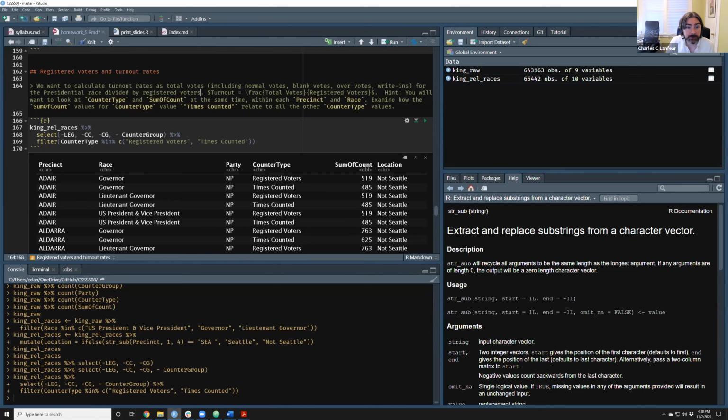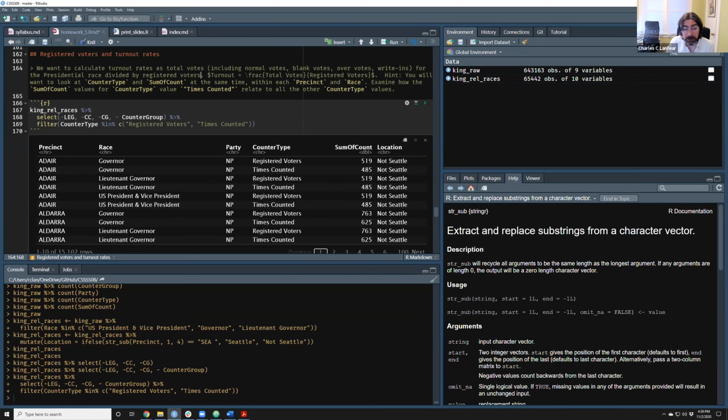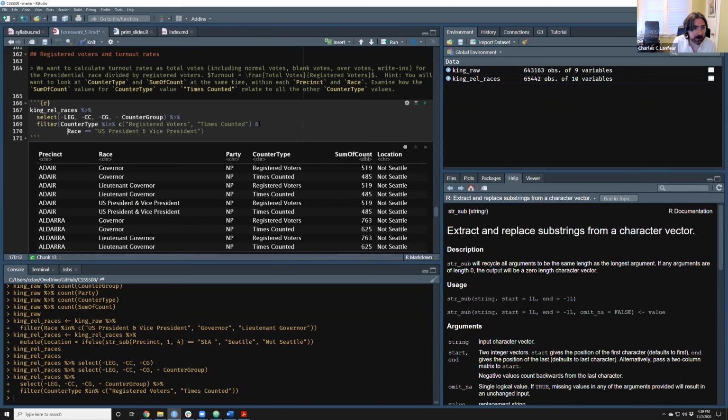So how would I filter down to, say, the president's race? We could do it inside the same filter with an and statement. So I could say something like race equals US President and Vice President. Probably break it onto its own line for readability.